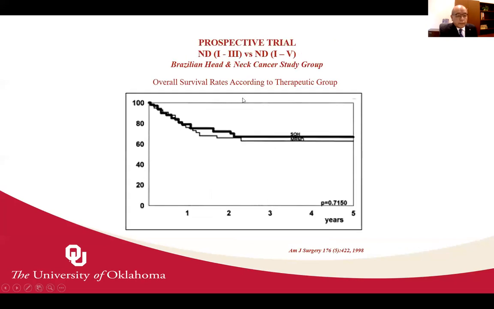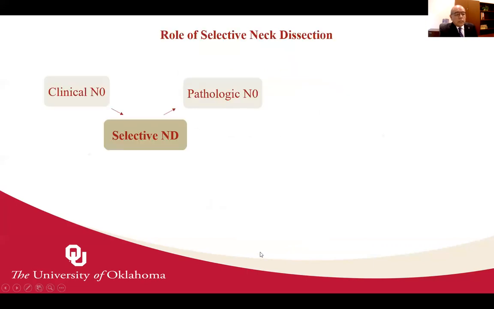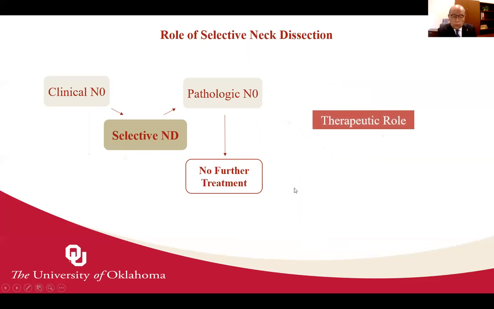And the survival in this prospective study of the Brazilian head neck study group published many years ago is equally not different statistically. So in summary here, if we have a clinical N0 neck, and you do a selective neck dissection and it's pathologically N0, then no further treatment is necessary. That is the therapeutic role of the selective neck dissection.